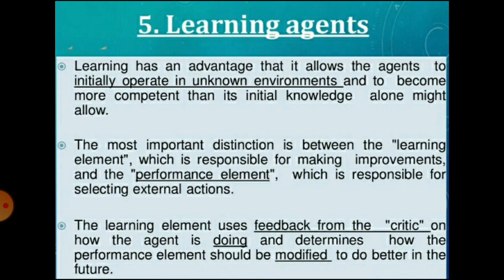Then the learning agent. The learning agent in AI is the type of agent which can learn from its past experiences, or it has learning capabilities. It starts to act with basic knowledge and then is able to act and adapt automatically through learning.